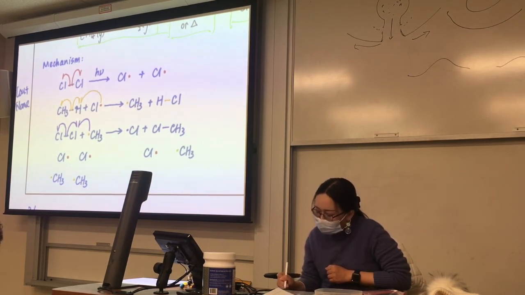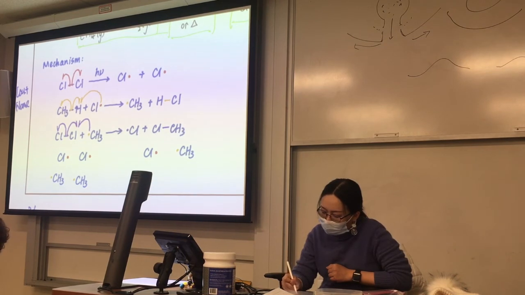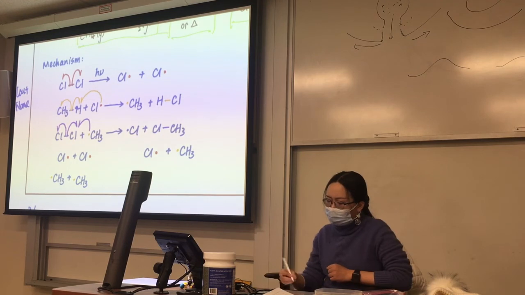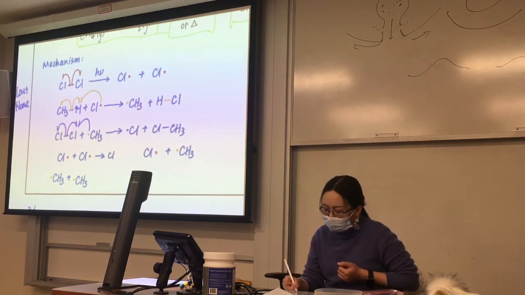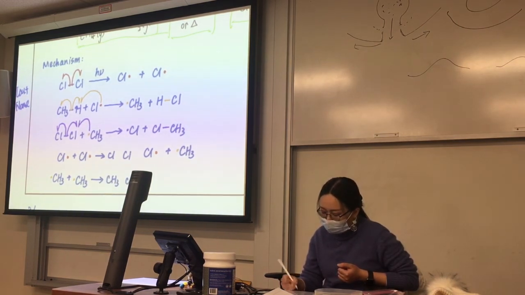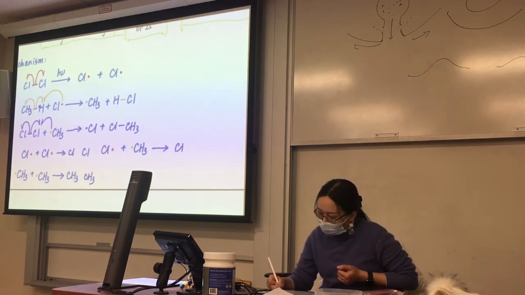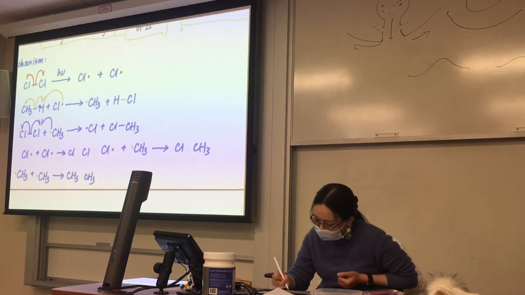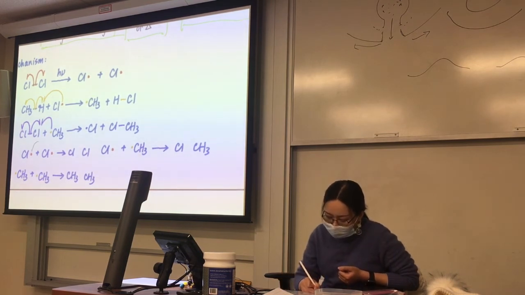Because we throw all the radical pieces in the same flask, they can do any combination they want. I will add up their colors afterwards, so I'll use a color I haven't used before. Orange. So now this is the termination step.